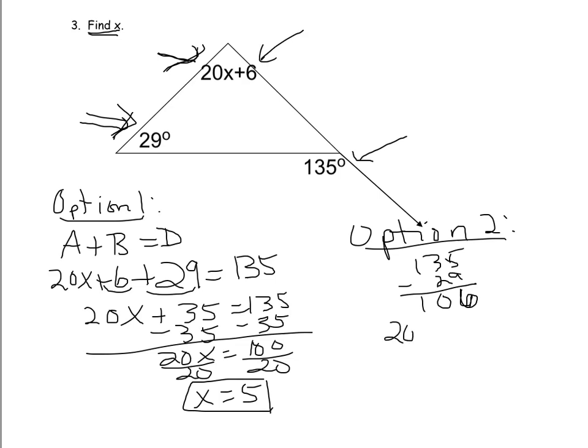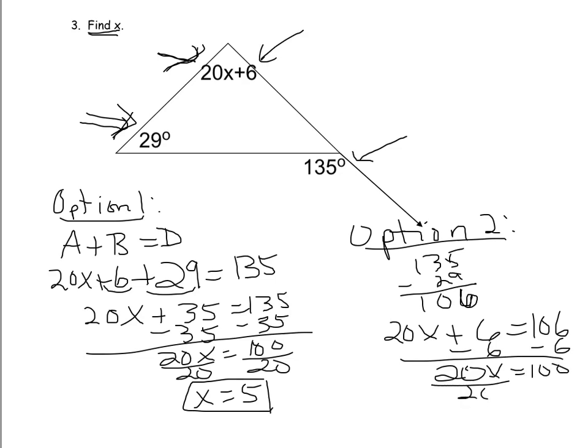So then I can do 20x plus 6 equals 106, and then I subtract 6. You can see I get the same 20x equals 100. Divide by 20, and we get x equal to 5. So you can see we still get the exact same answer. It just depends on what clicks with you. Alright, tomorrow we'll work some more with exterior and interior angles of triangles.